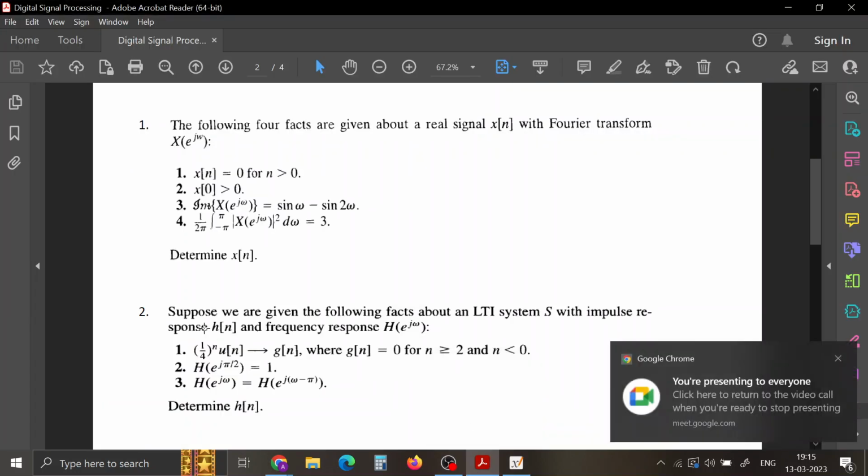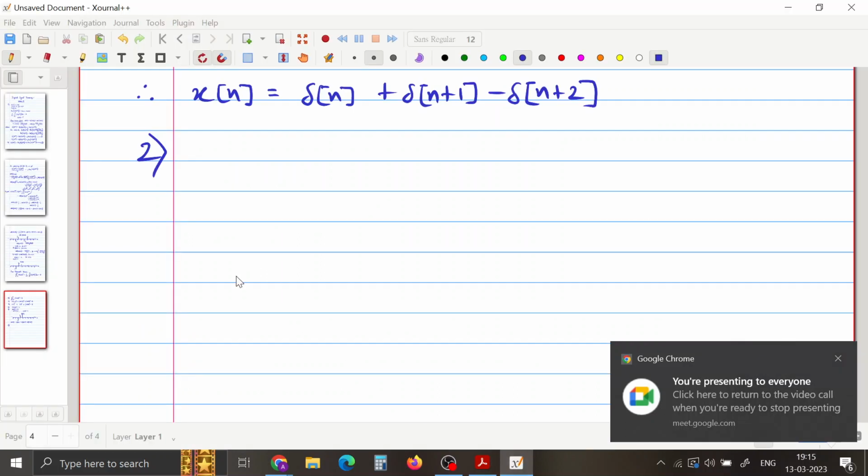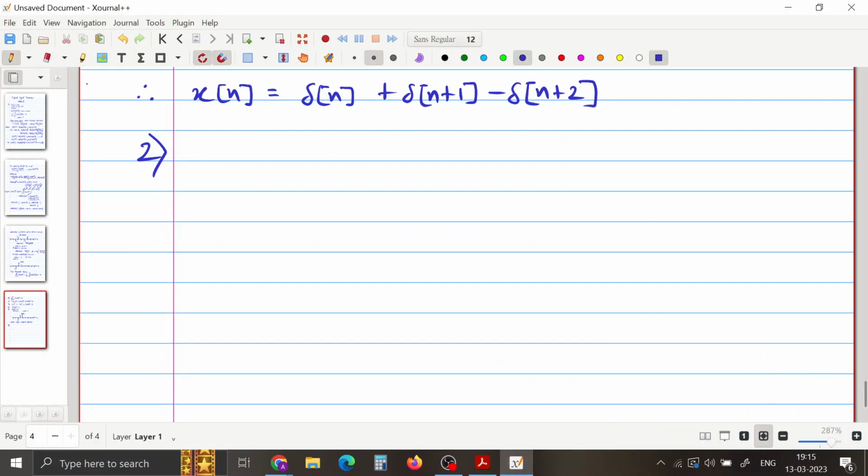So we were discussing the second question. It's an LTI system.